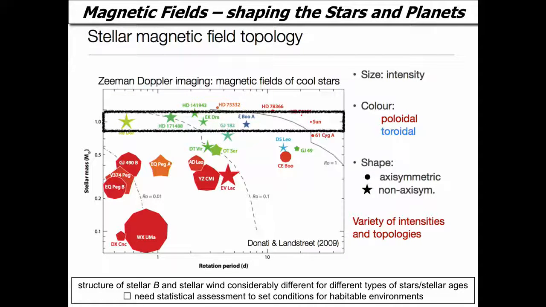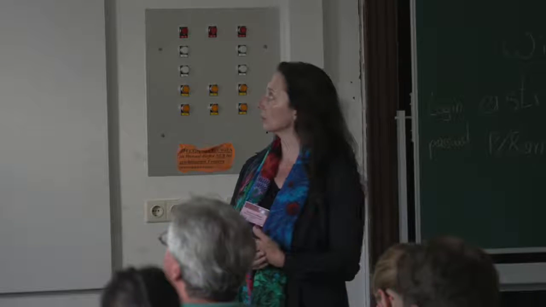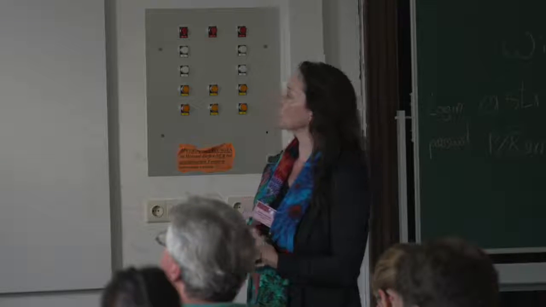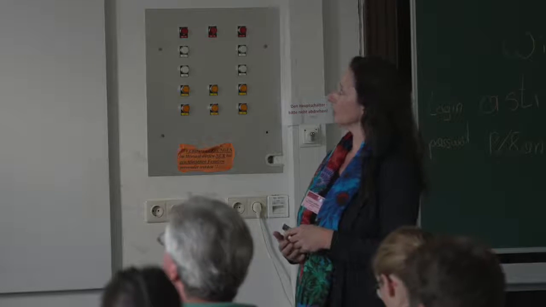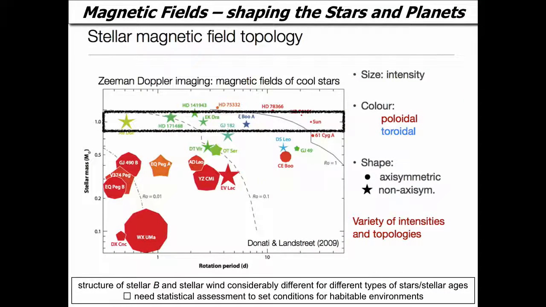The color shows us if a magnetic field is more poloidal or toroidal, whether the dominant component is more polar-like or toroidal-like. The shape of the symbol tells us how axisymmetric or non-axisymmetric the magnetic field is, so if it's simple or complex, more or less. And the size of the symbol denotes the strength of the field.